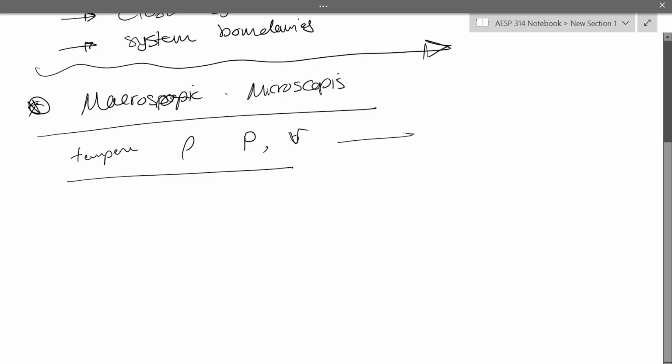One thing I need to mention before moving forward: whenever I use this, it means I'm talking about volume, and whenever I use just a simple V, I'm talking about the velocity. Both of these terms are very common in this course, so make sure not to confuse them.